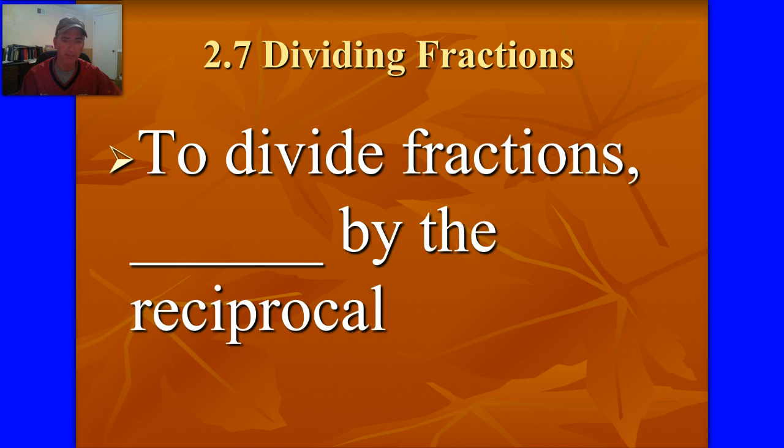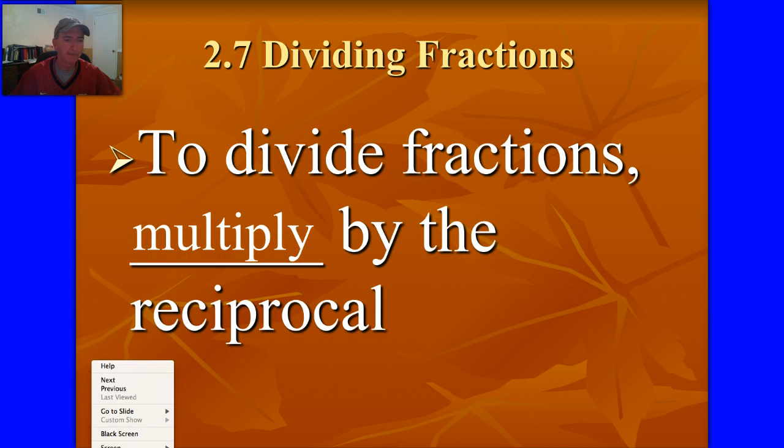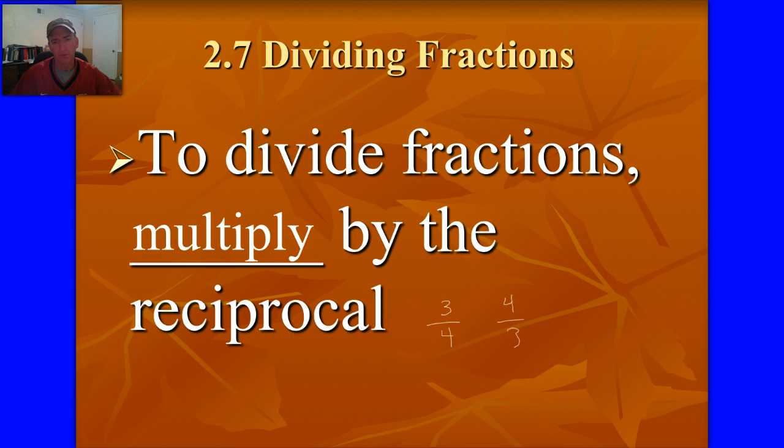To divide fractions, what we want to do is multiply by the reciprocal. Okay, so that sounds a little strange. Now, the reciprocal is that number when we flipped it, right? Like 3/4. The reciprocal of 3/4 is 4/3, like we learned in the previous slides.